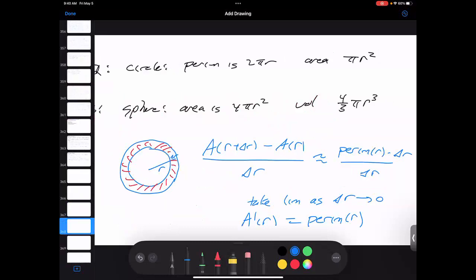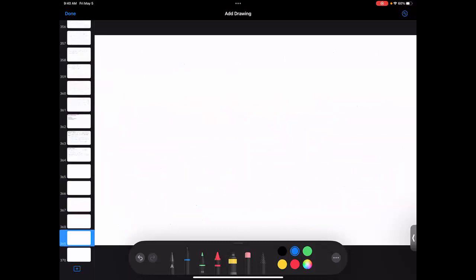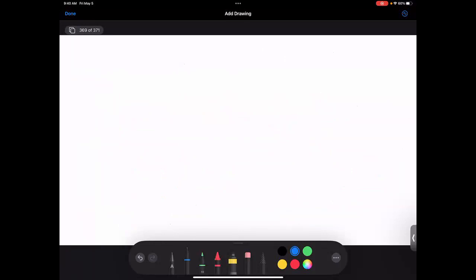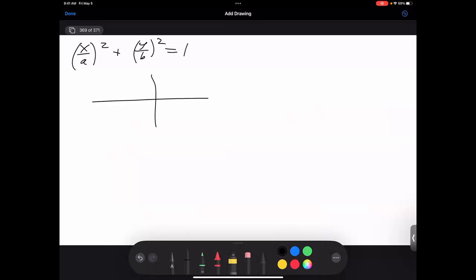Okay, so you're continuing. Let's say I give you the following: (x over a) squared plus (y over b) squared equals 1. What kind of shape is this? It's an ellipse. And so there are rules, depending on which book in terms of what goes on.